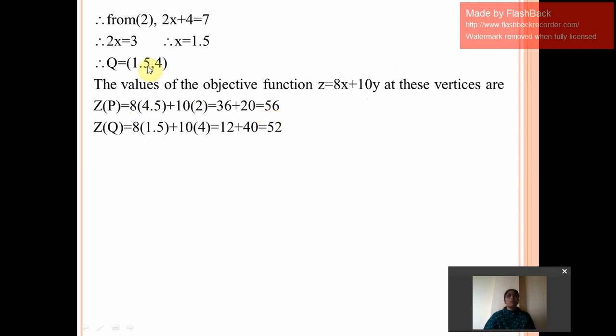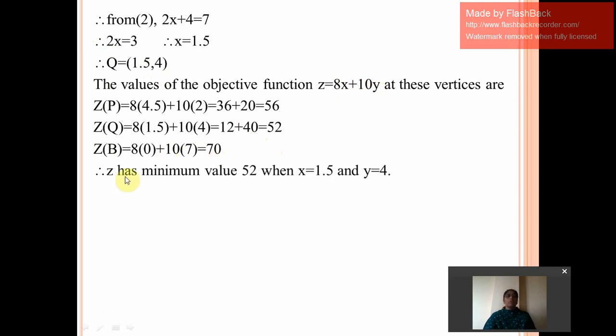Q: put x is equal to 1.5, y is equal to 4, 12 plus 40, 52. B: put x is equal to 0 and y is equal to 7, 70. Therefore, z has minimum value 52 when x is equal to 1.5, y is equal to 4.